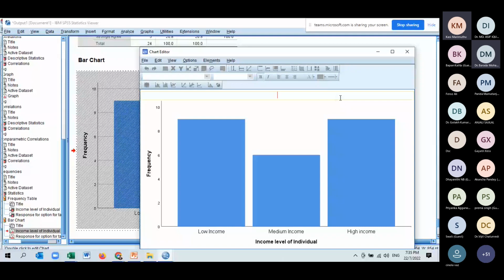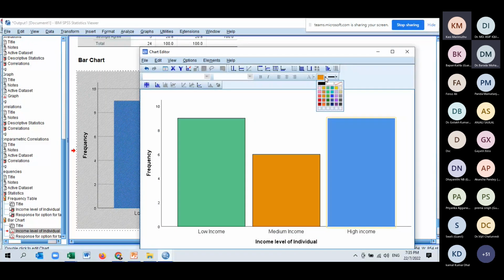Suppose if you want to change different color for low income, medium income, high income, you select using your mouse, click on any one of the bars, you click one more time, so that low income only is selected this time. Change the color here, and then select the other one, change some other color. Go to the other one, change the color. Is that fine?